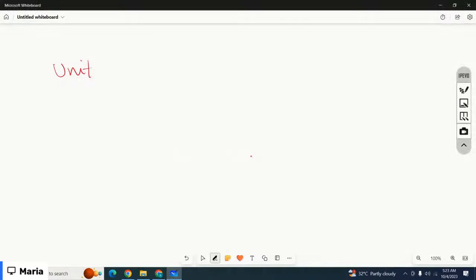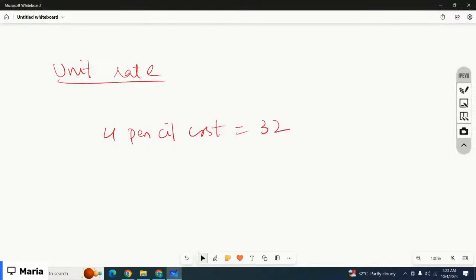For example, you bought four pencils, right? The cost of the four pencils is $32. You have to calculate the cost of one pencil. How do you calculate the cost of one pencil?